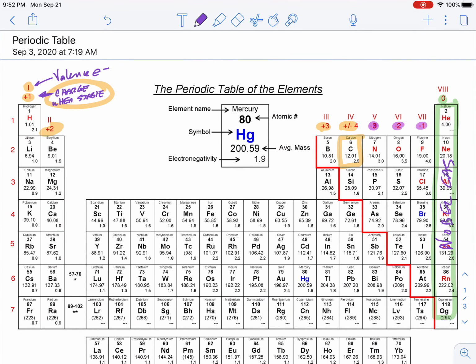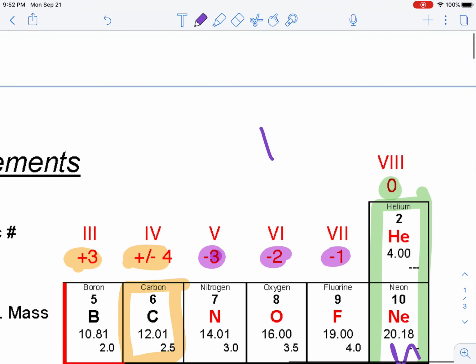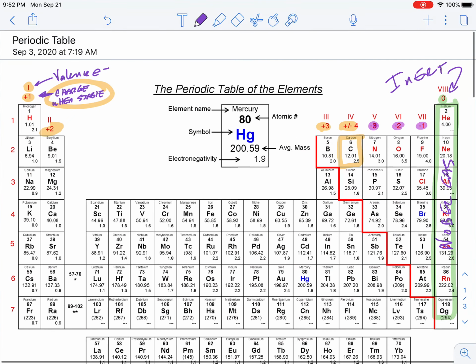They do not react, so we don't have to worry about them. They don't react because they have a full outer shell. They have fulfilled the octet rule. Their outer shells are complete. They don't need to trade electrons at all. What we do have to worry about are these positives and negatives.